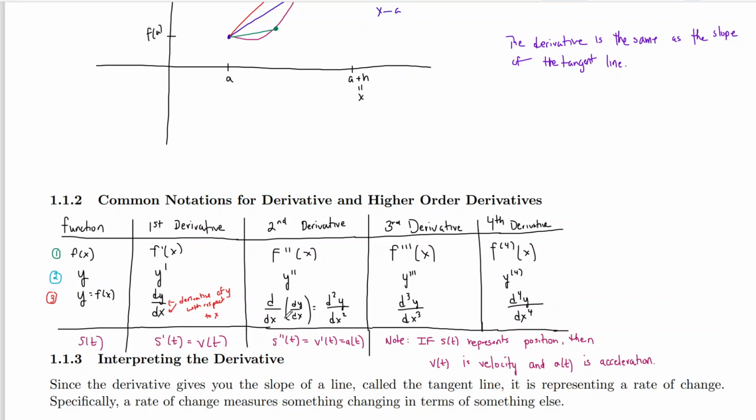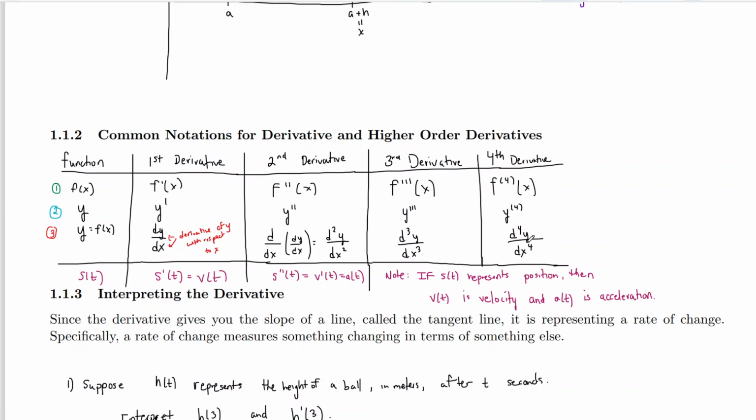But then on the bottom we have dx, and dx times dx makes dx squared. So the second derivative in this notation, you put the squared on the d on the top, squared on the x on the bottom, but beyond that, the same pattern continues. So the third derivative, d to the third y over dx to the third, and then the fourth, d to the fourth y over dx to the fourth, and if you went on, that pattern would continue.